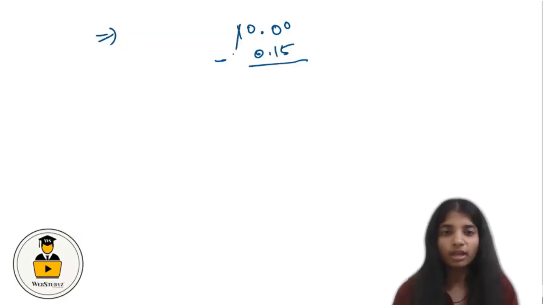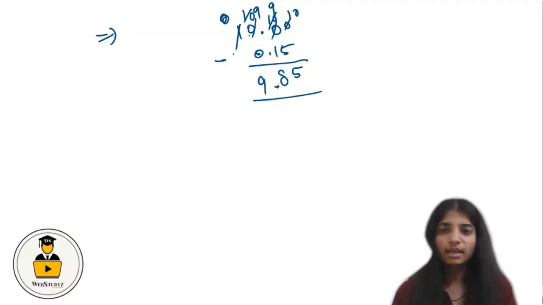So we take 1 from the 1, so 1 becomes 0, and this 0 becomes 10. Then we take 1 from 10, so 10 becomes 9, and this 0 becomes 10. Again we take 1 from this 10, so it becomes 9, and this 0 becomes 10. So 10 minus 5 is 5, and this becomes 9. 9 minus 1 is 8. The point will remain as it is. 9 minus 0 is 9.